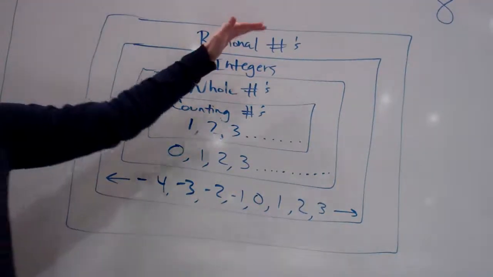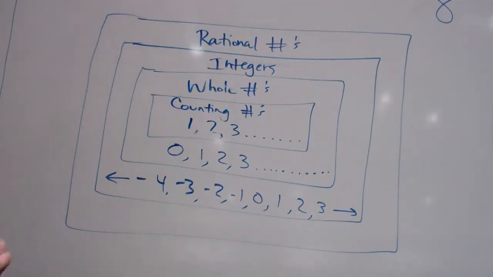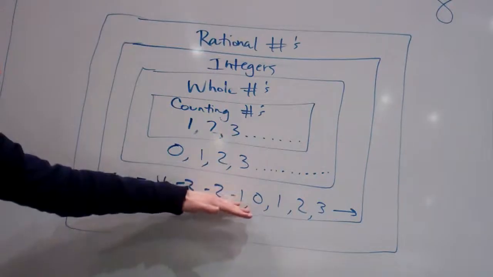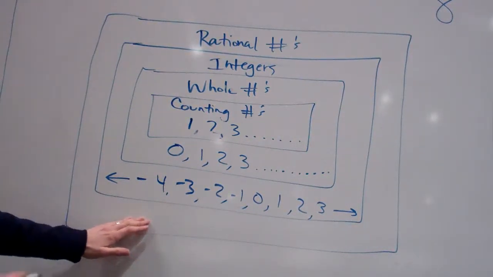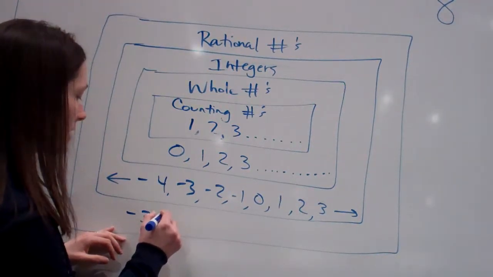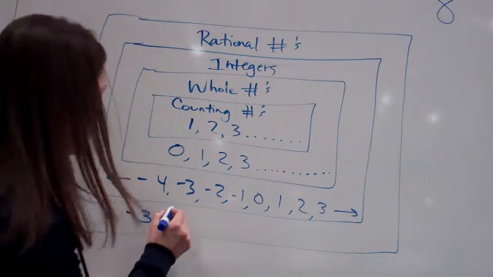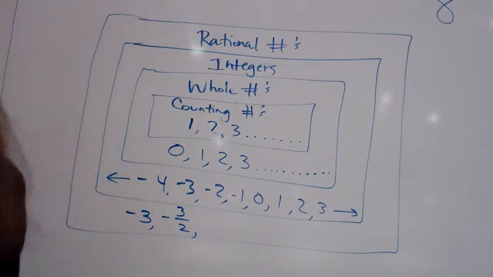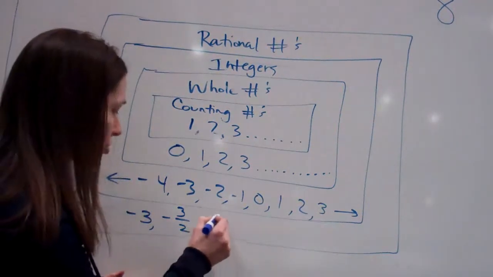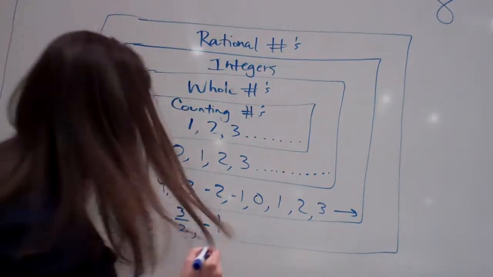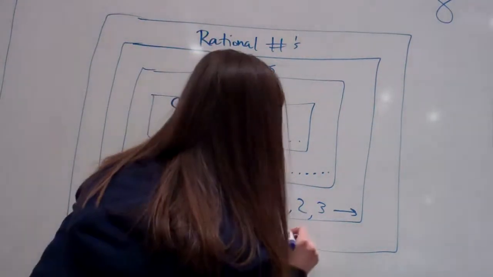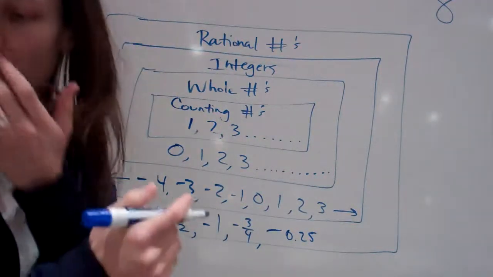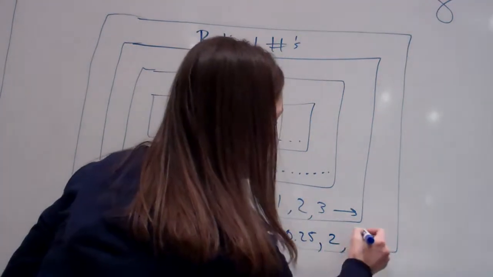Okay, rational numbers. Rational numbers include all of these, plus then it adds more. So let me show you what some of those more are. -3, -3/2. So we start doing fractions and mixed numbers and things like that. -3/4, -0.25, and so forth, 2, 9/4.